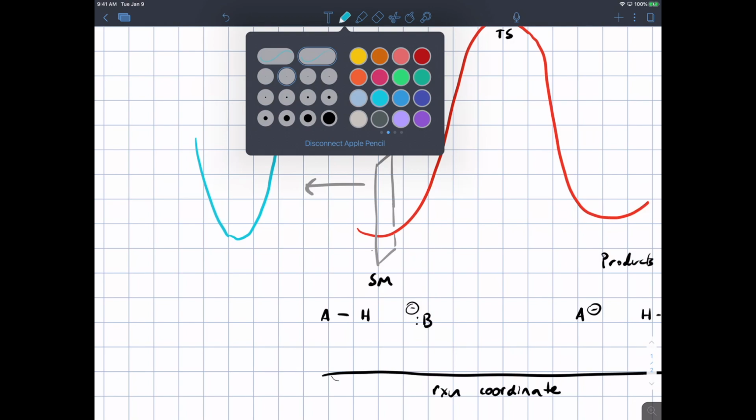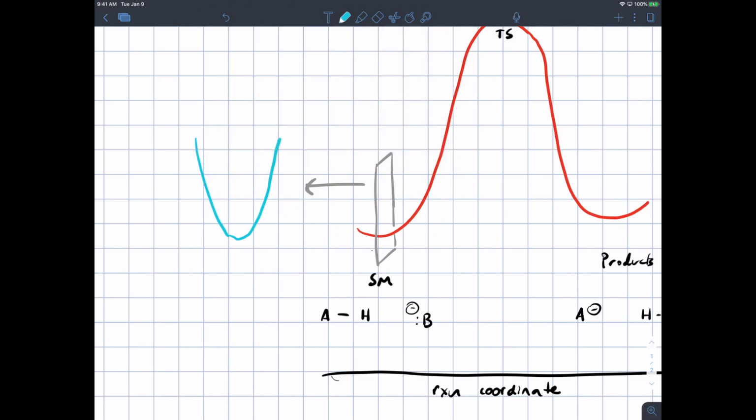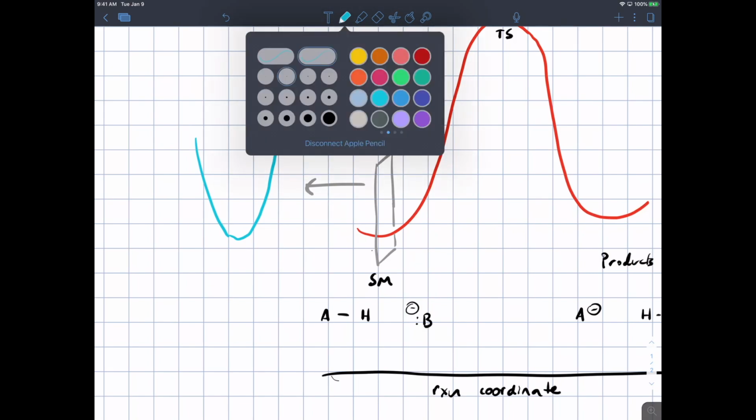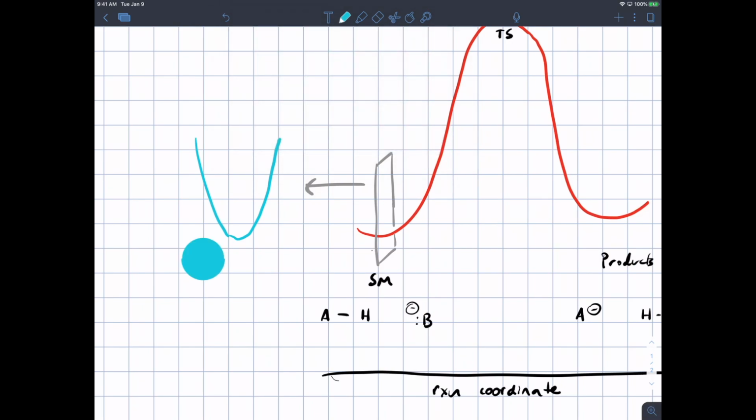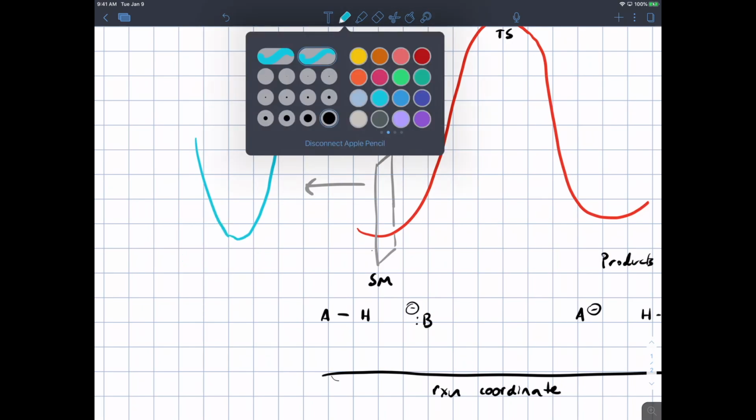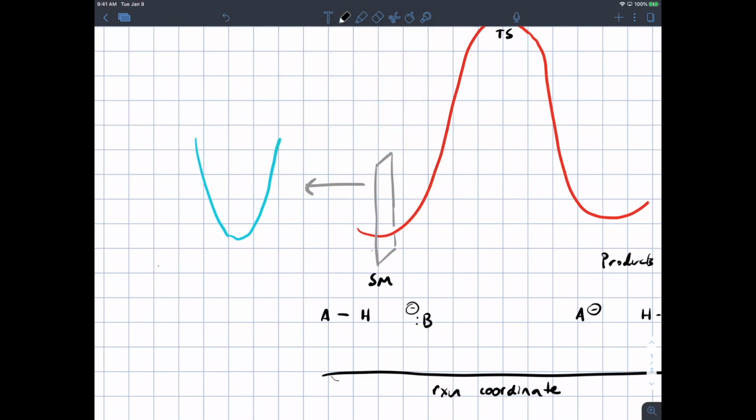And in the starting material, the base is way far away, and all we've got is our acid. And so this starting material vibrational mode is just going to represent vibration of the HA bond.